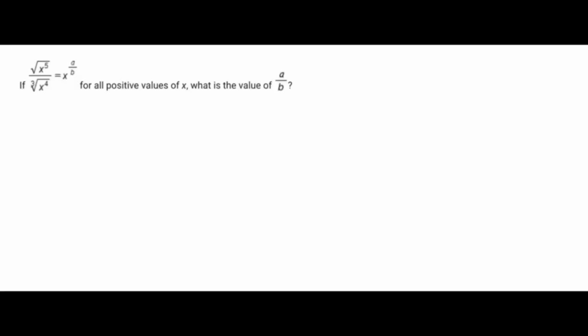If square root of x to the fifth over cube root of x to the fourth equals x to the power of a over b for all values of x, what is the value of a over b? So first off, for both of these radicals, we can simplify and rewrite them.